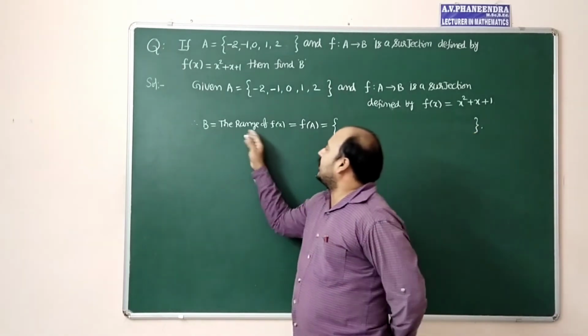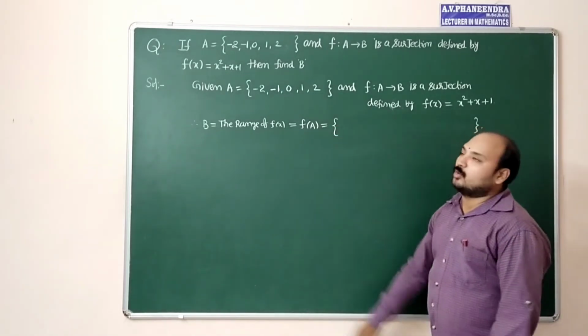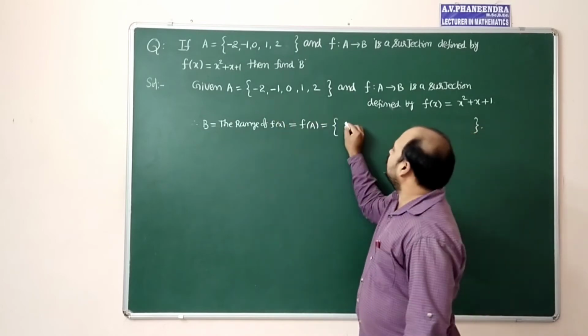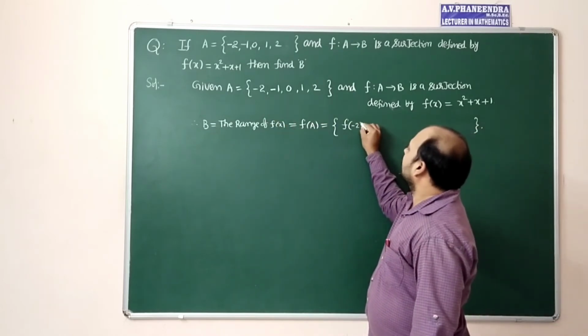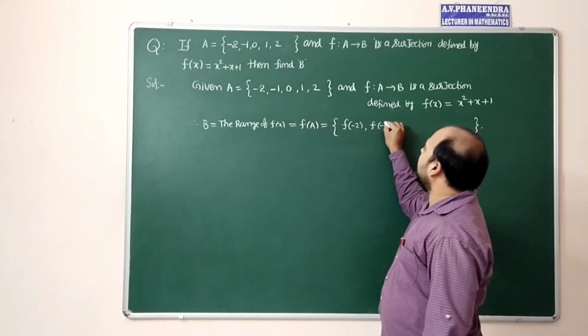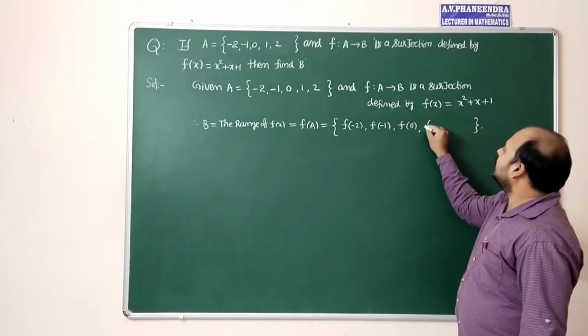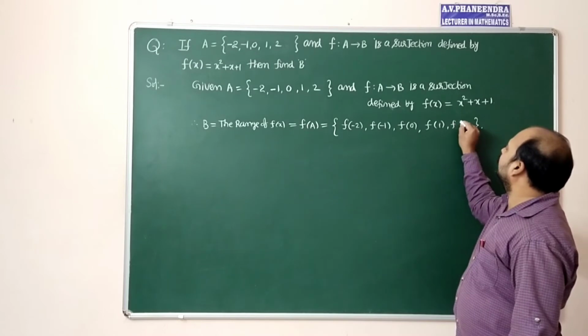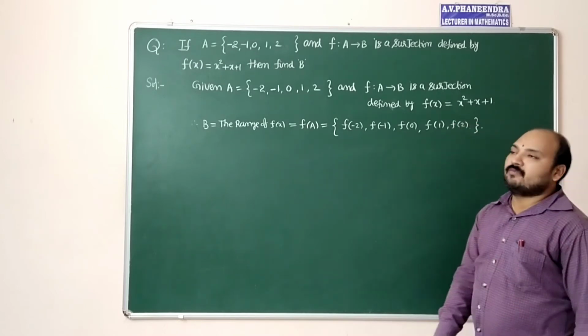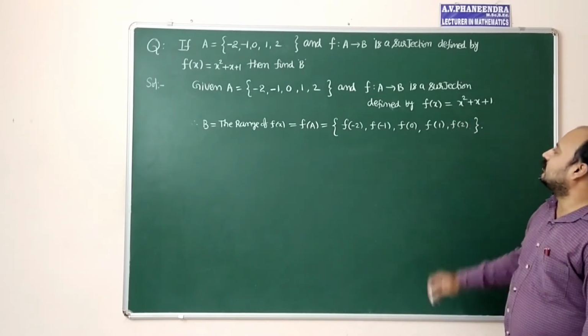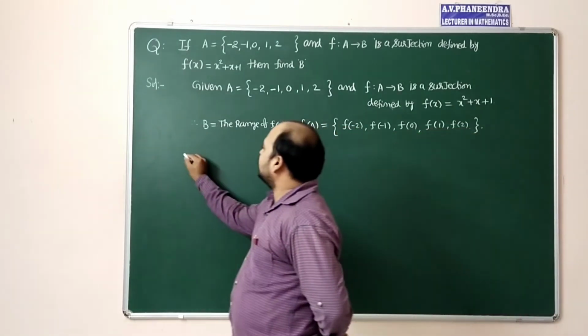So B equal to the range of f of x, f of A equal to f of minus 2, f of minus 1, f of 0, f of 1 and f of 2. So one by one we will calculate and then substitute here. F of minus 2.